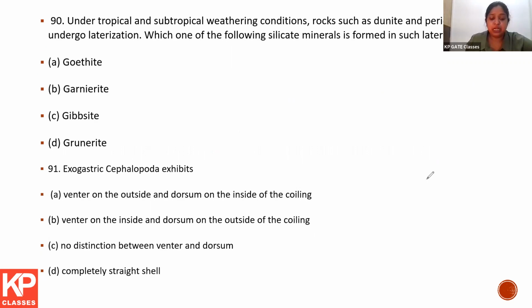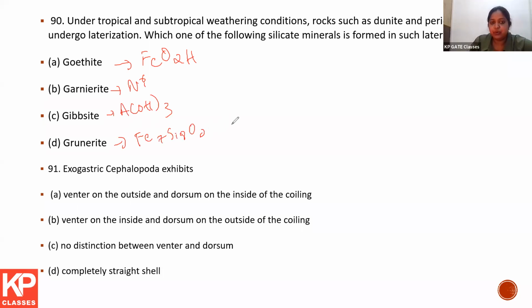Gibbsite is aluminum oxide tri-hydroxide. Grunerite consists of iron, Fe7, Si8, O22, OH twice. So here they have asked, in tropical and subtropical weather conditions, dunite and peridotite are undergoing laterization.